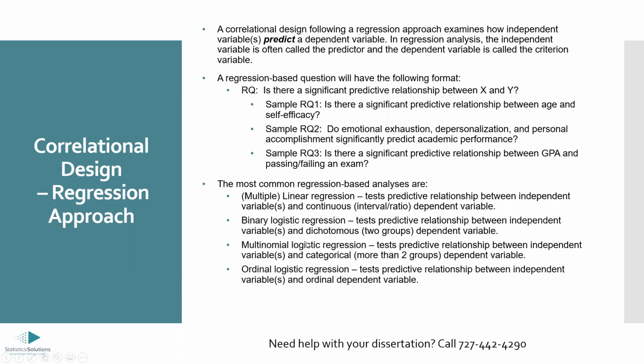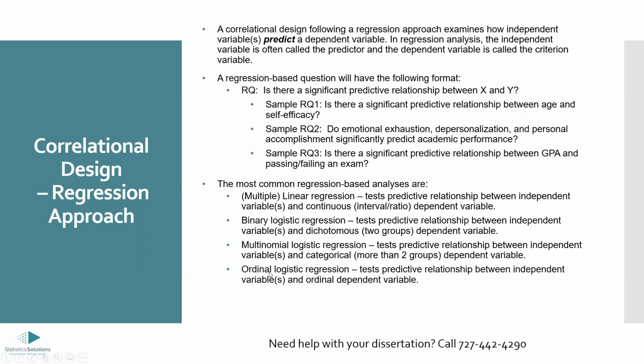A multinomial logistic regression is an extension of a binary regression, but you have more than two groups. So if it wasn't passing or failing an exam, but say you're trying to predict group membership, or someone's education level or ethnicity, that's when you usually run a multinomial logistic regression.